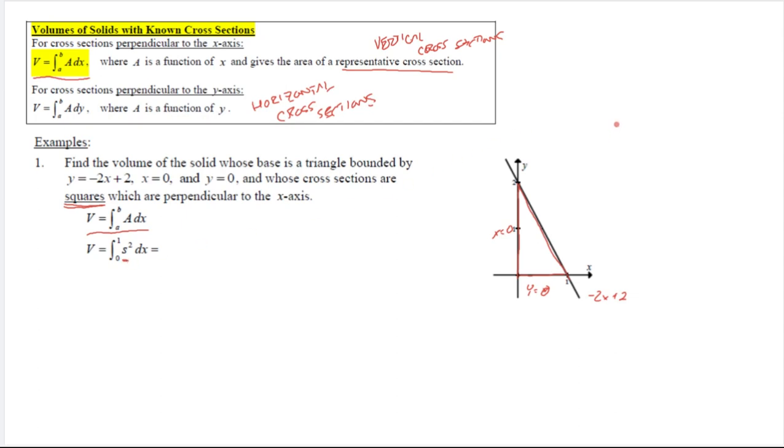By the way, if we wanted to look at this, let's say we laid this down. Here's our triangle. And these cross-sectional areas that they're talking about are coming out of this. And so that's our square. We have a little bitty square here, and other squares as they go through.